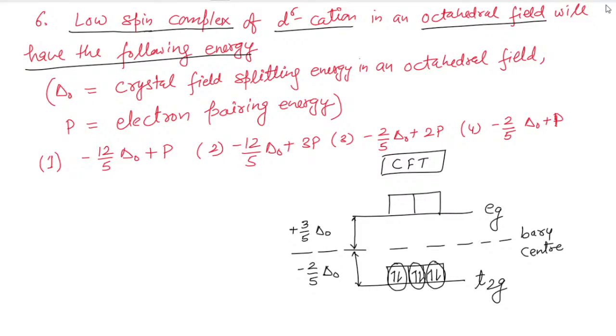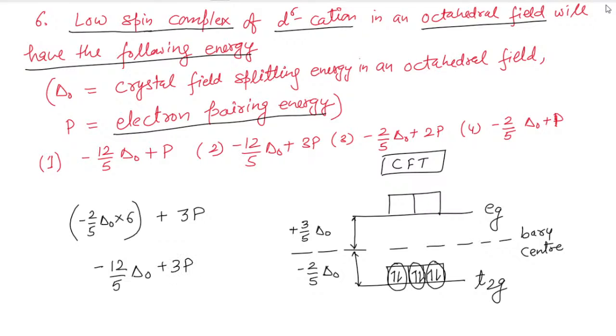So from it we get energy as 3P, because see, P is the electron pairing energy. So if there are 3 pairs, we write plus 3P. Now come to the second part, that is in terms of delta O. So for one electron it is minus 2 by 5 delta O per electron, and total electrons are 6. So it is minus 12 by 5 delta O plus 3P. That's it. So that means option 2 is correct.